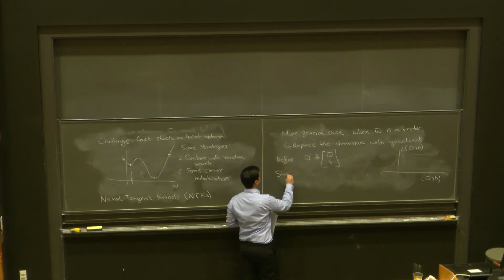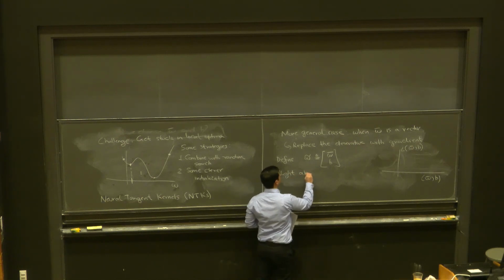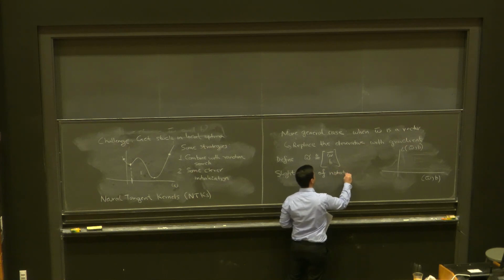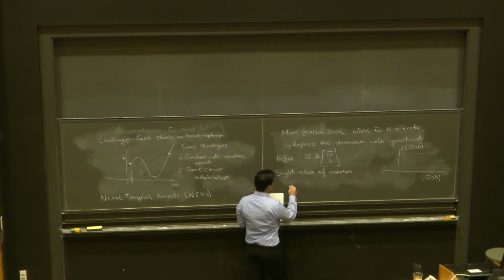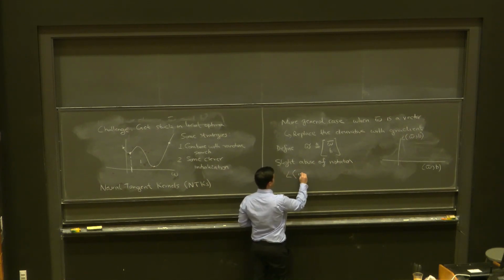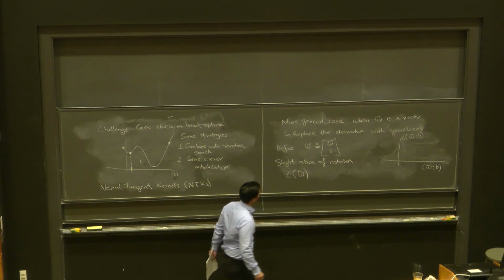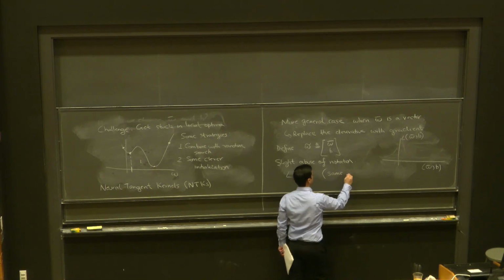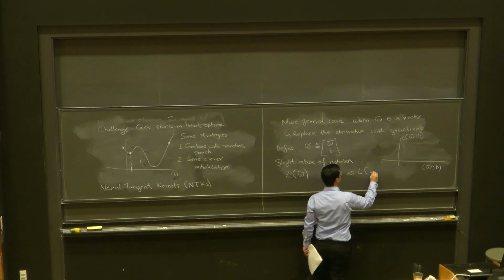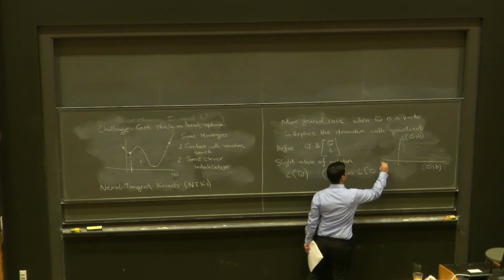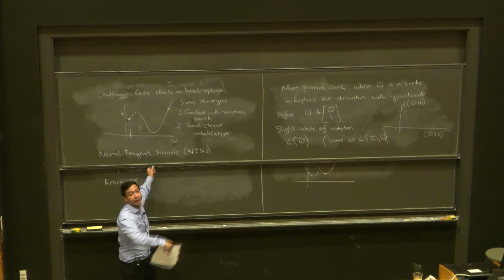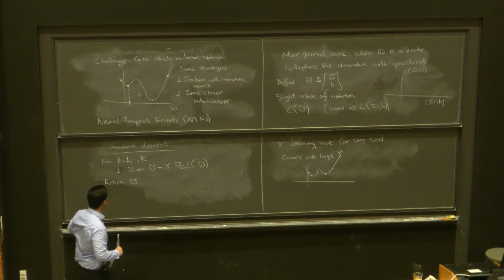A slight abuse of notation: I'll write L of W tilde, and what I mean here is the same as the training loss of W and B. It's just more convenient to think about one vector that has all the decision parameters.